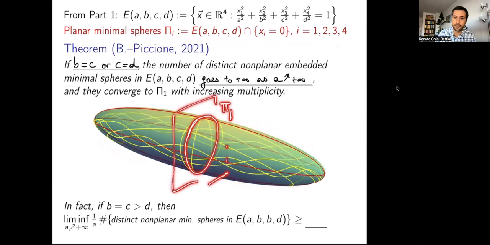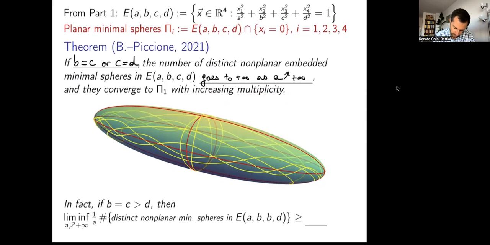So these minimal 2 spheres in yellow, they converge there as A goes to infinity, even as graphs. Okay, they converge as varifolds, but actually we can prove graphical convergence away from a couple of points. All right, so of course they converge with multiplicity, right? For example, here this yellow guy goes around twice. Eventually it converges to it with multiplicity 2, and the other ones will converge with even higher multiplicity.